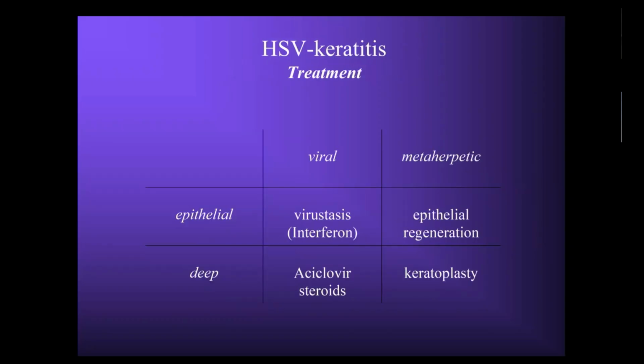Here in that table, you see the 4 different possibilities of involvement of the cornea in herpes simplex virus disease. We have to differentiate between, is it epithelial or deep? And is there virus replication or not? If there is, we talk of viral disease.